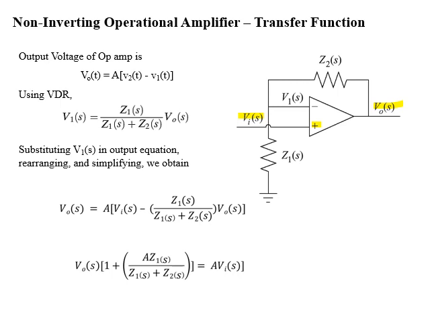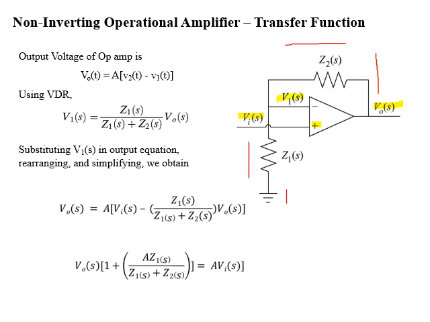If we look at the feedback path, it starts from V0 of S and has two impedances Z2 of S and Z1 of S, and then it is grounded. V1 of S, the voltage across Z1 of S, is applied as the second input to the operational amplifier.